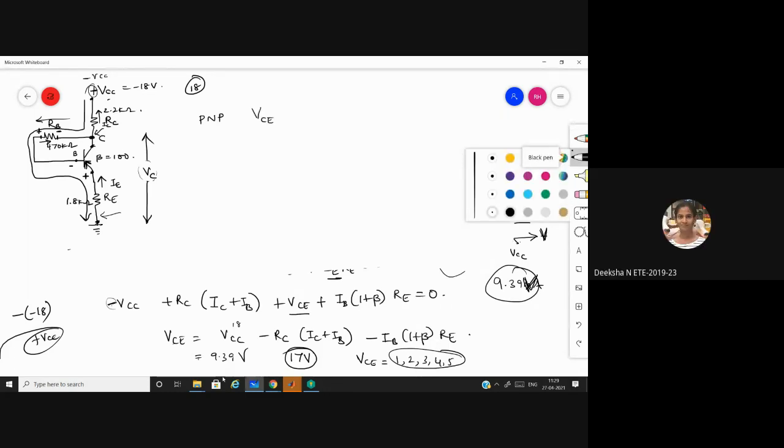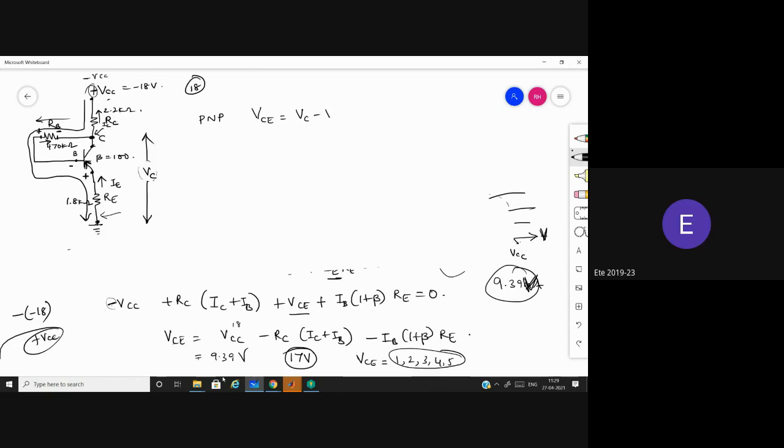VC minus VE. Yes, good. See, the first term comes first, second term comes second. So VCE we already know. VC we need to find.